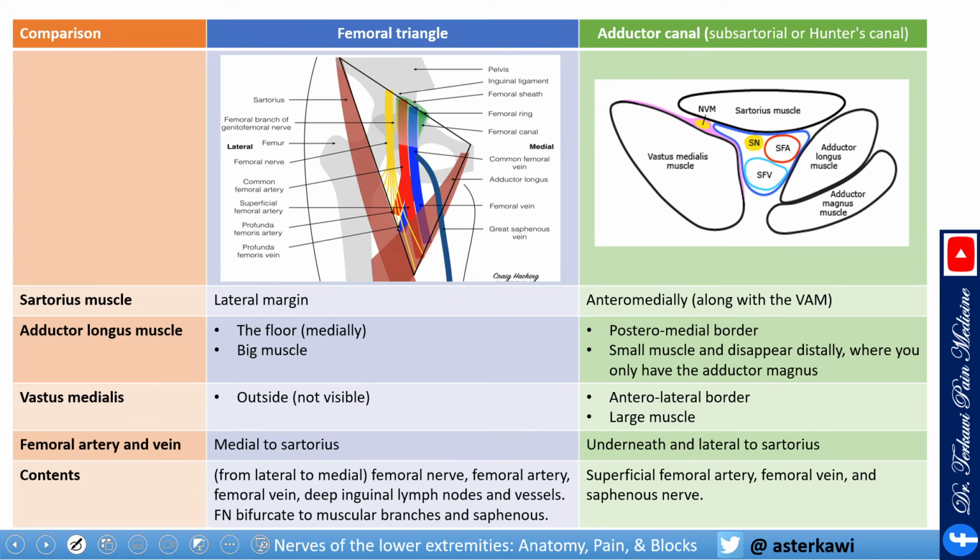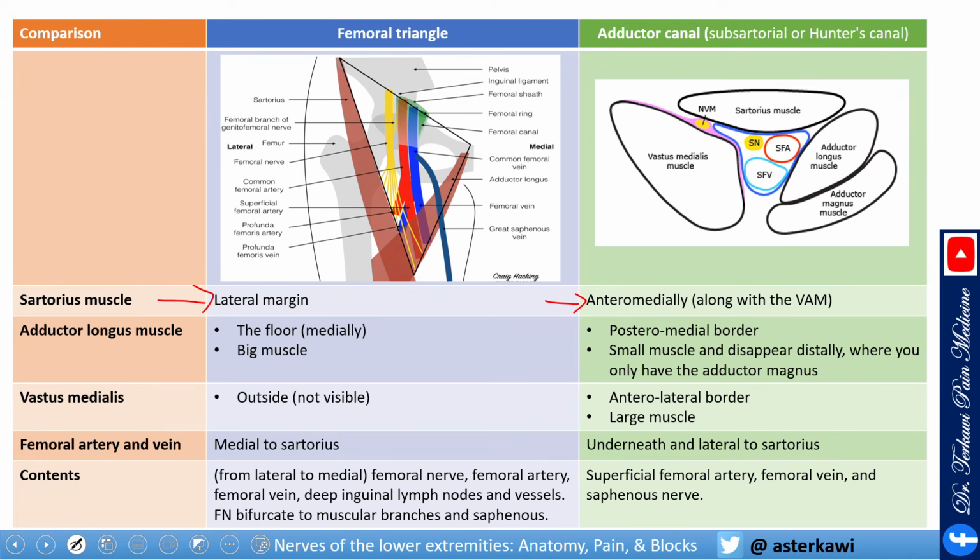Now, to summarize the difference between the femoral triangle and adductor canal, how we differentiate between them, because this is very clinically important when we start to look at different nerve blocks. So in the femoral triangle, the sartorius muscle forms the lateral margin, while in the adductor canal, it is anteromedial, or the roof, if you wish.